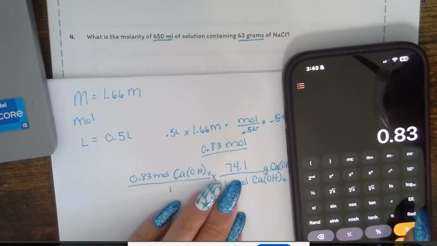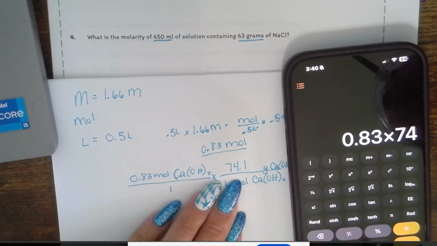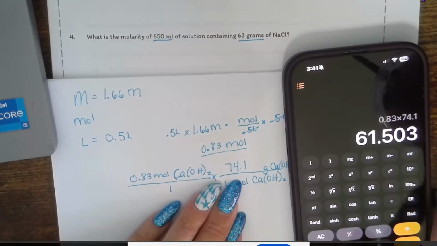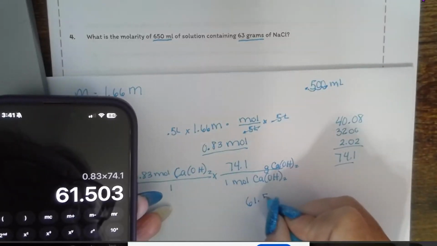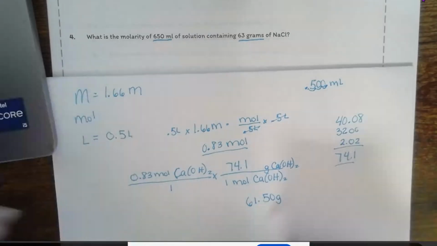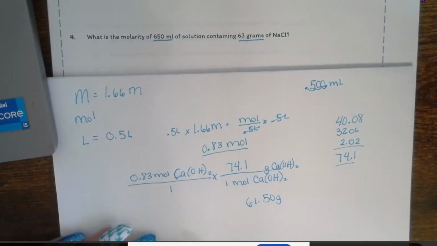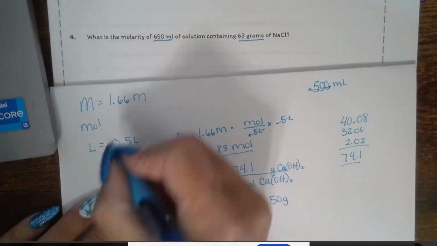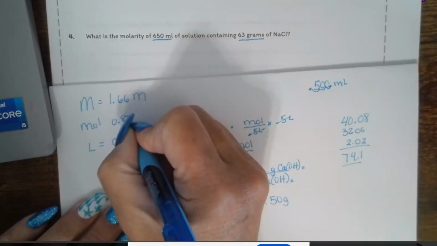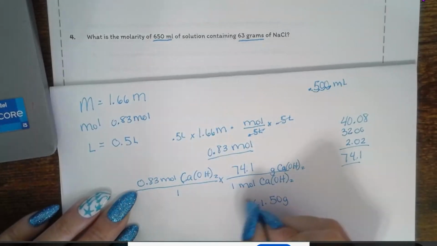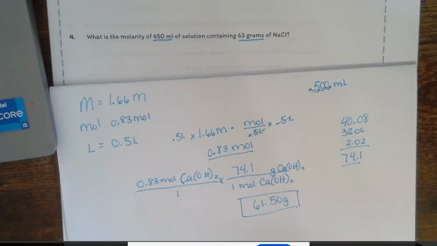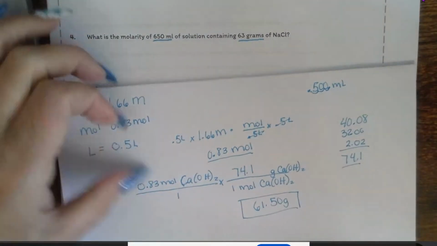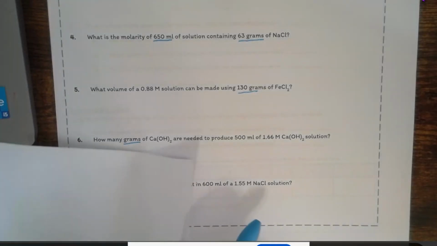So 0.83 times 74.1 equals 61.50 grams of calcium hydroxide. So we solved for moles up here, but then the problem wanted our answer in grams. So our answer is going to be 61.5. Go ahead and do number 7.